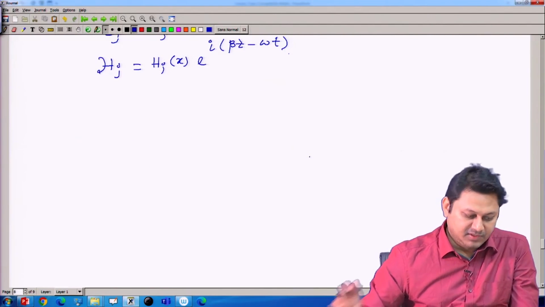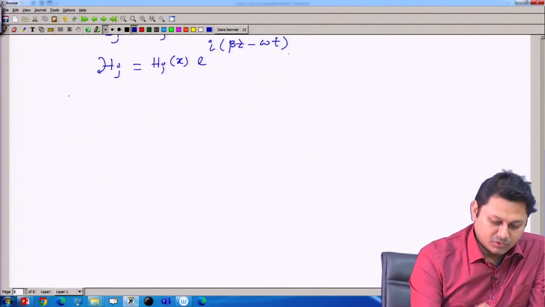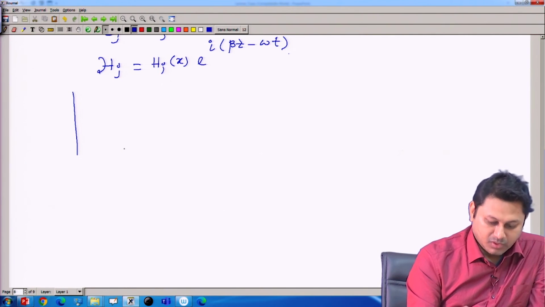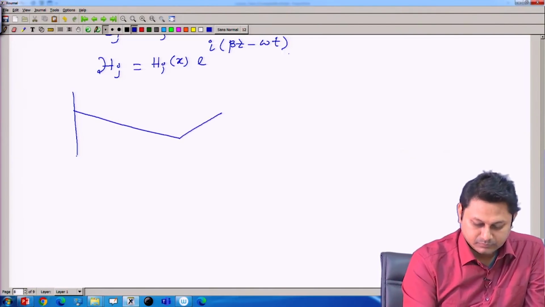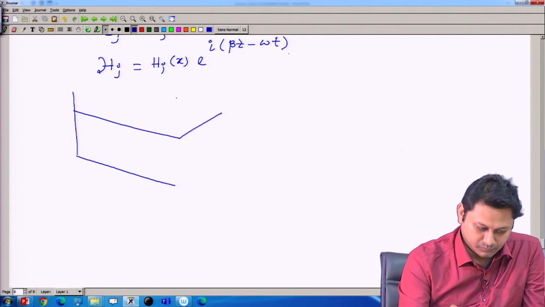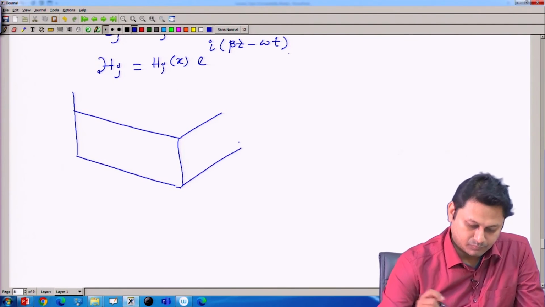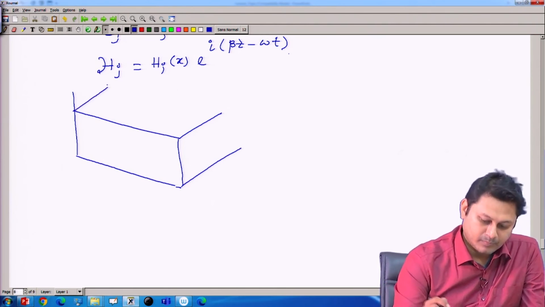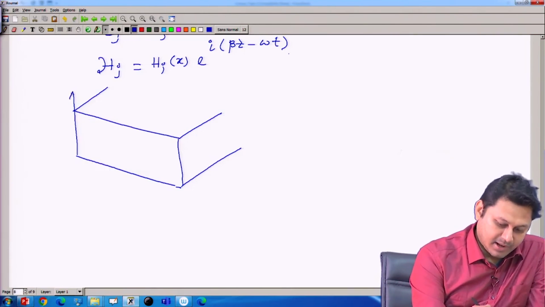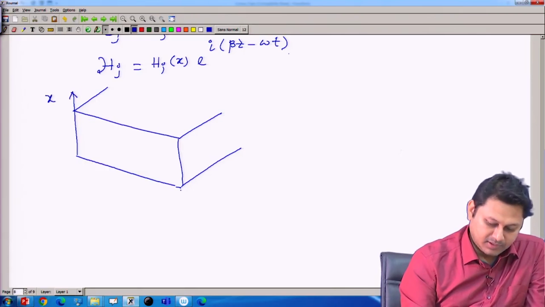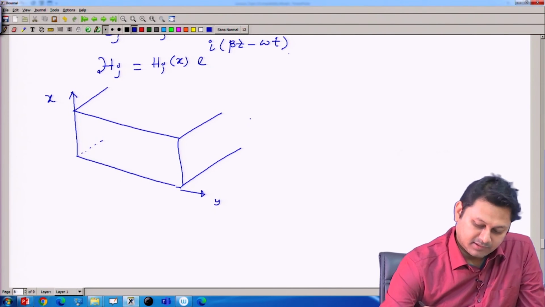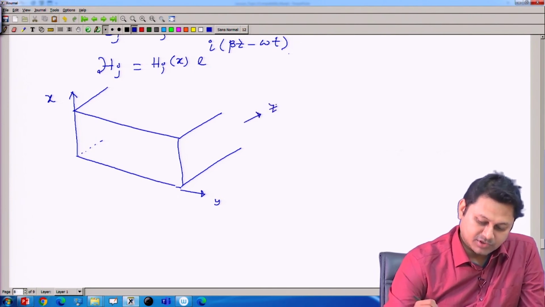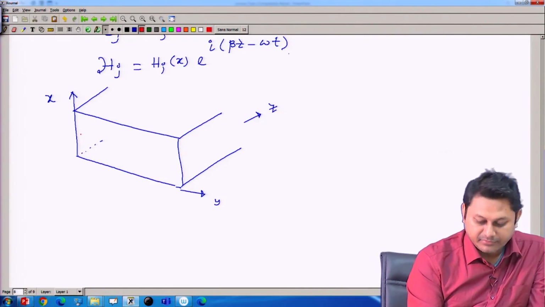So, the geometry I was mentioning. Let me quickly define the geometry and then I am going to conclude the class. If I have a geometry like this, along this axis I have x, along this axis I have y, and this is my z direction.